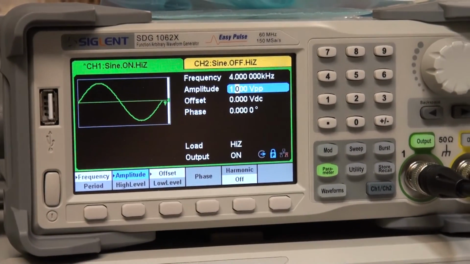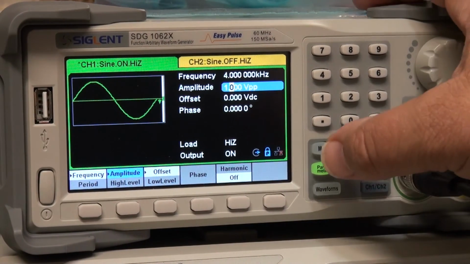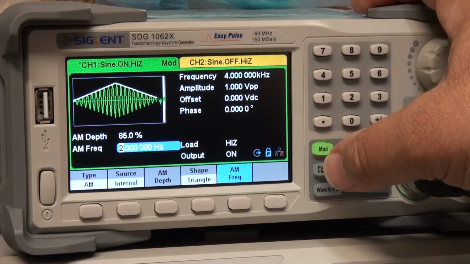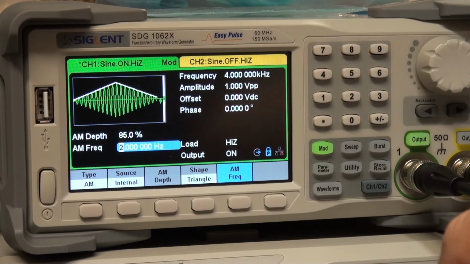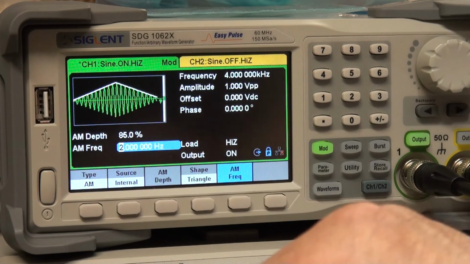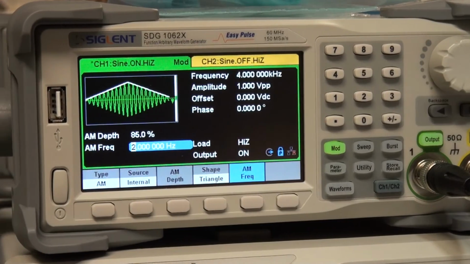So we'll go to the function generator, and we'll go to the modulator menu with the 2 hertz modulation frequency, 85% AM depth. We'll keep it at that. And now we'll see what the output and input look like.